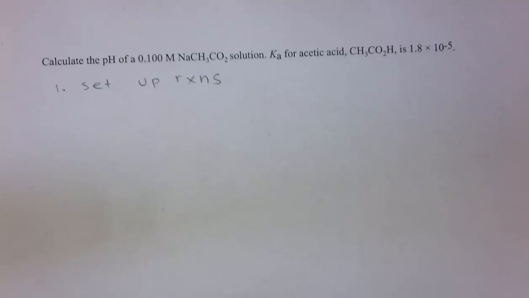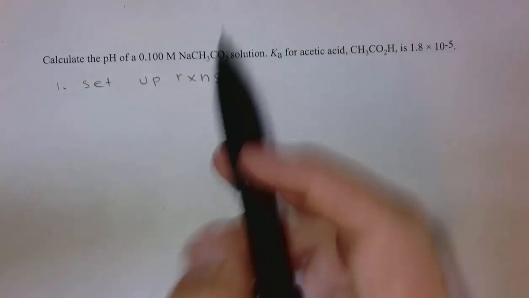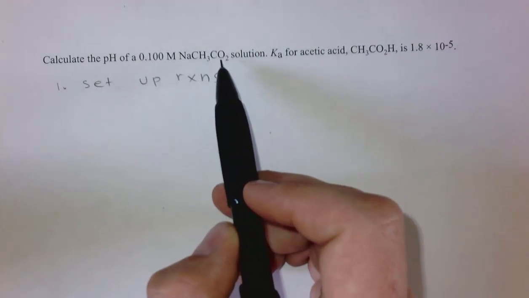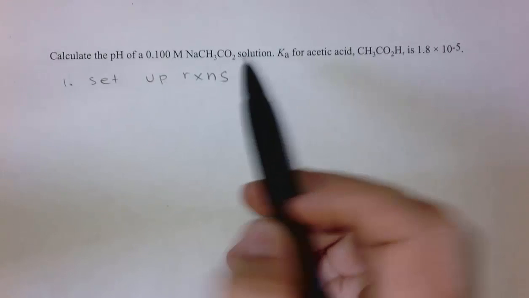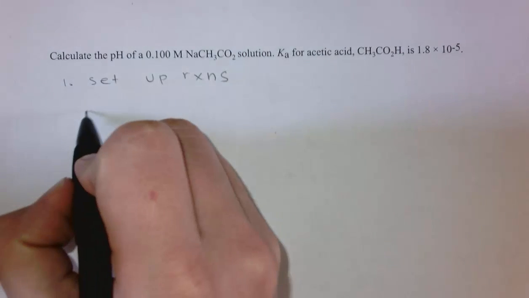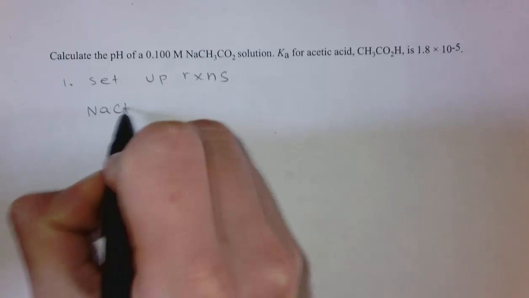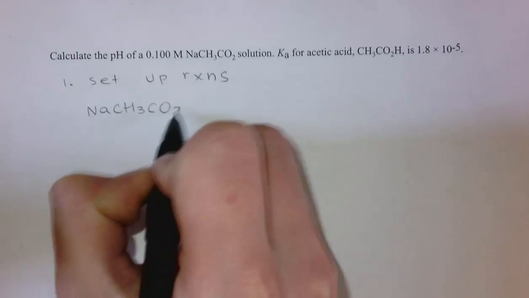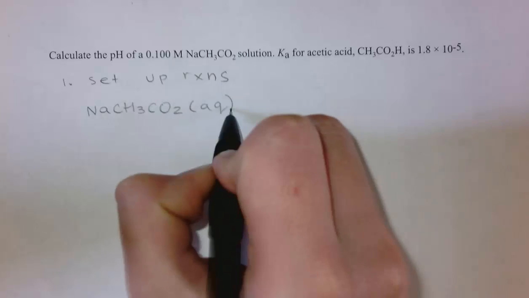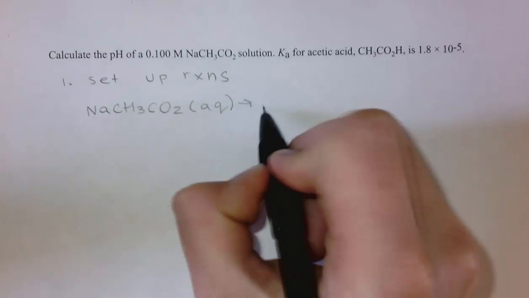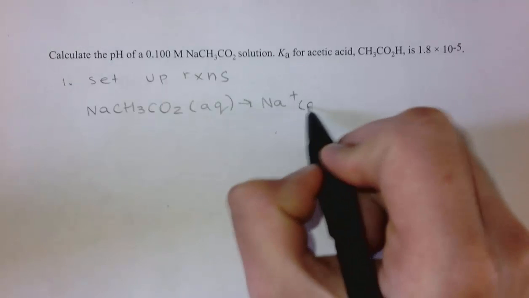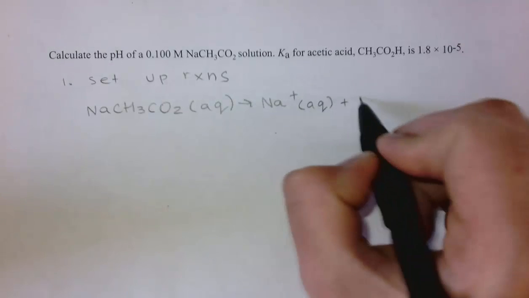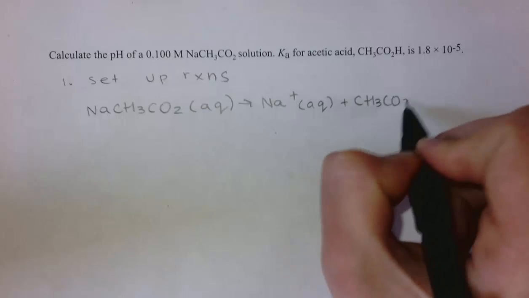So the first thing that's really going to happen is that this sodium acetate is going to dissociate. It's in a solution with water. And so what's going to end up happening is that this aqueous sodium acetate will completely dissociate to form sodium ions and acetate.